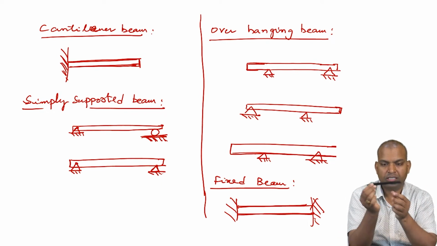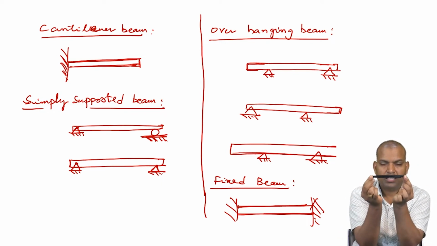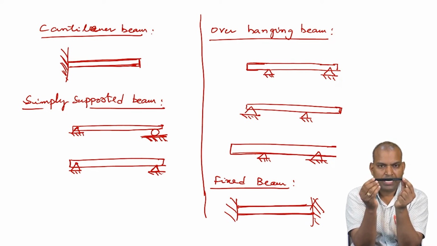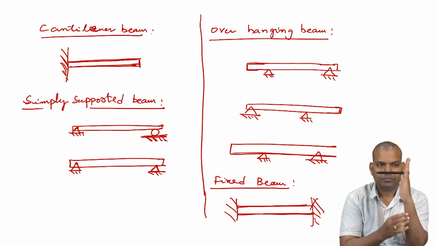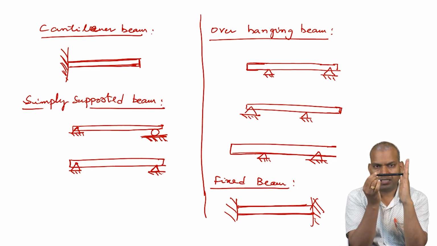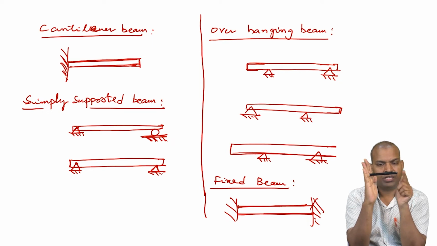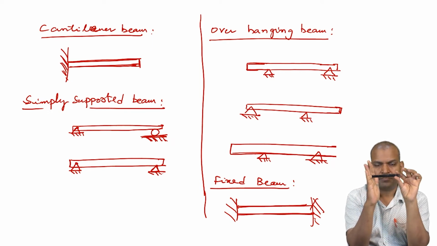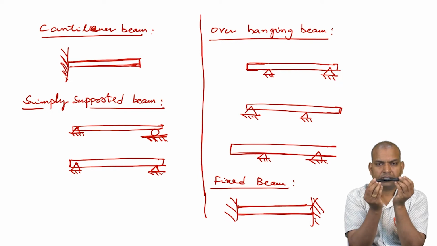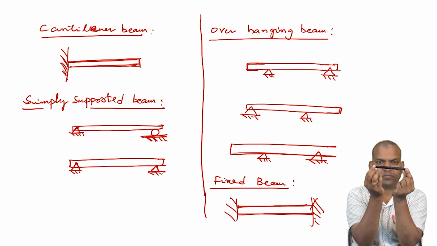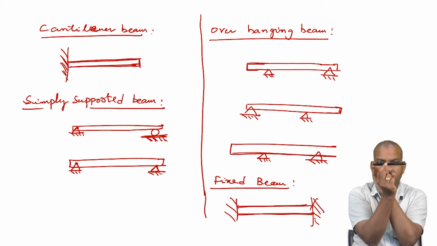From your side, here it is a cantilever beam, fixed at one end and free at the other. With both ends supported, it is a simply supported beam. Now again, it is an overhanging beam, with this portion overhanging.